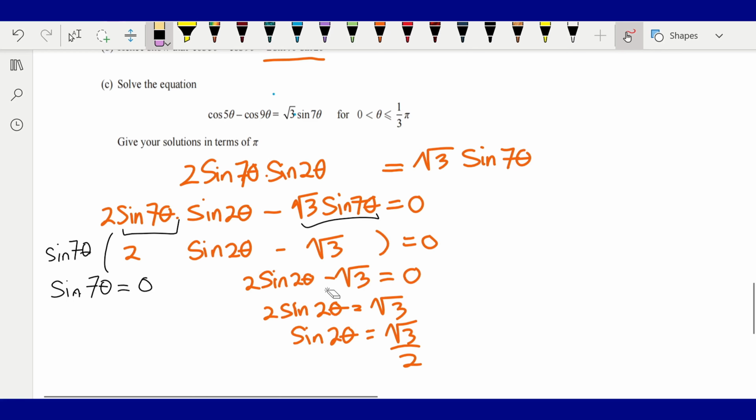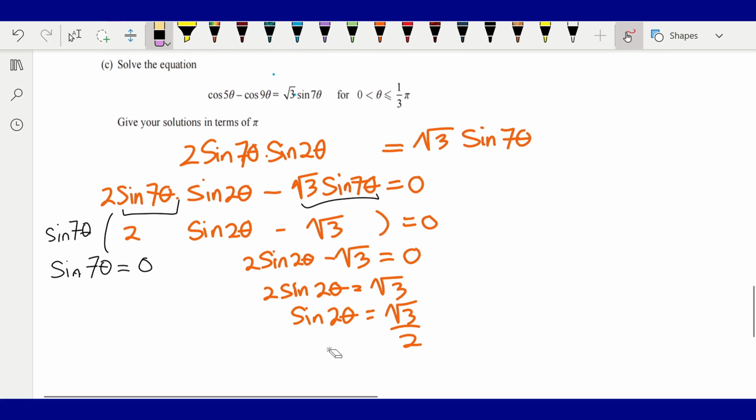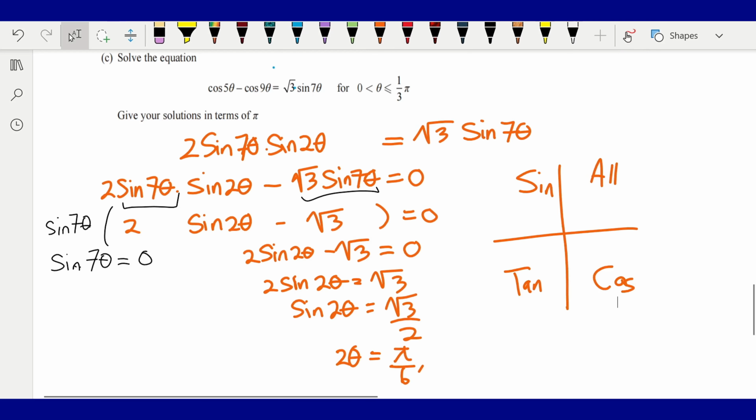Now we rearrange the equation. For 2 sin 2 theta, we move square root of 3 to the right. Then we make sin 2 theta the subject, so we divide by 2. So sin 2 theta equals square root of 3 over 2. Now 2 theta is a special angle, pi over 6, and sine is also positive in quadrant 2.